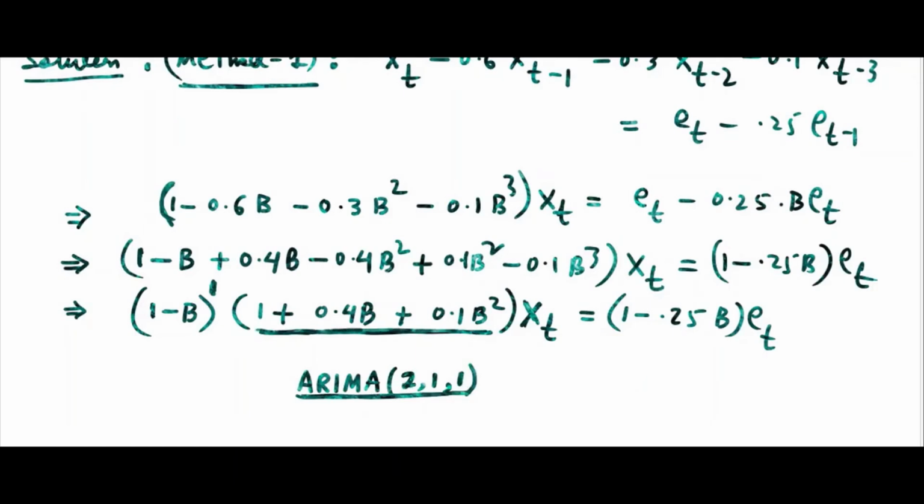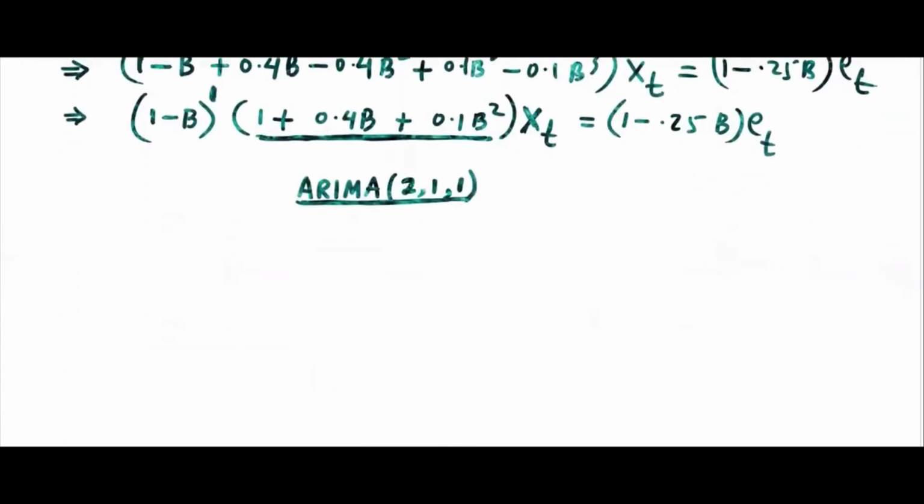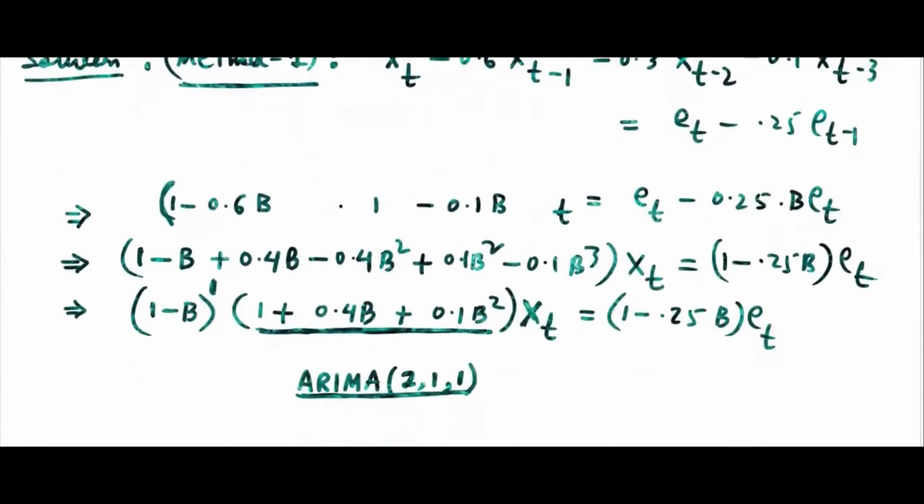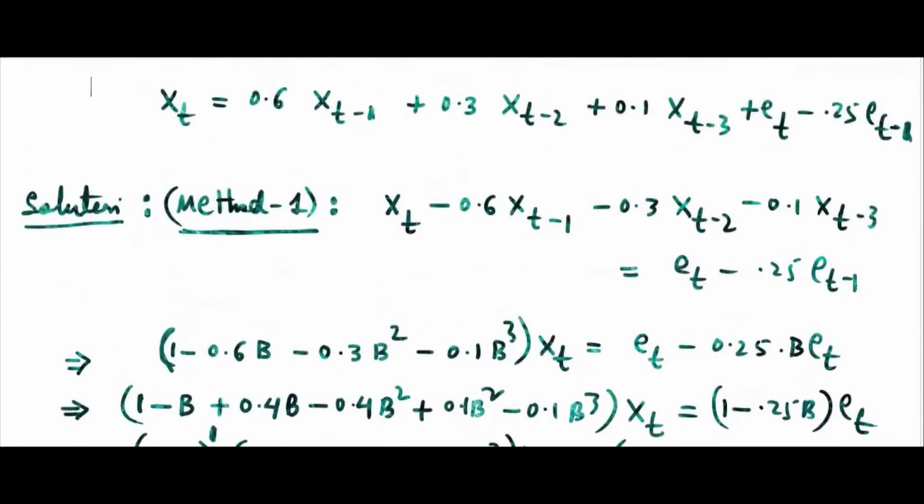We'll do it by another method. Let's go to method 2. In method 2, we'll apply the old ways. Okay, better I will erase everything. It will be easier for me to do once again.